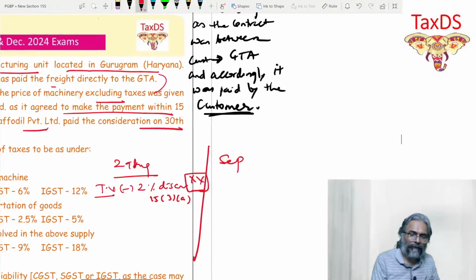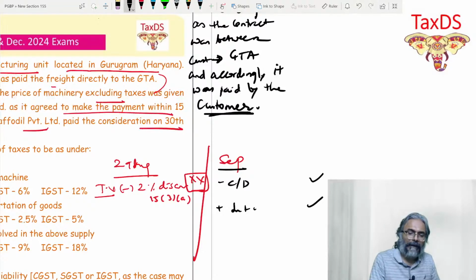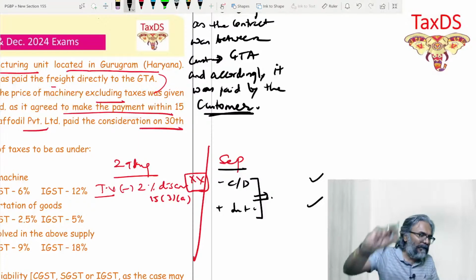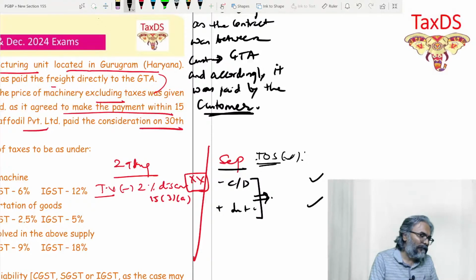For September, your cash discount and interest will be reported. Now be careful, students, for these two amounts no separate GST is charged. This is the time of supply. Why September? September is the time of supply for these two charges.